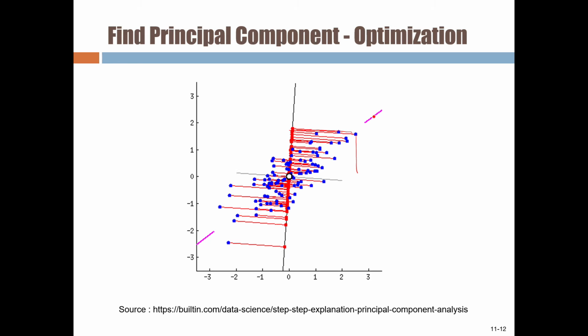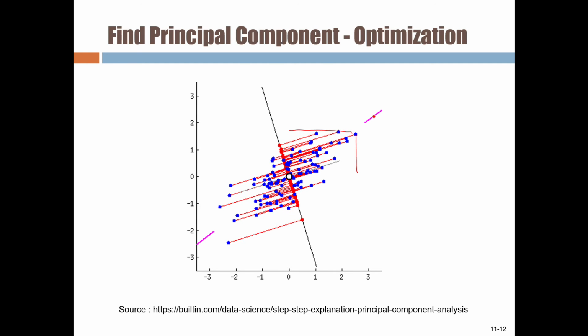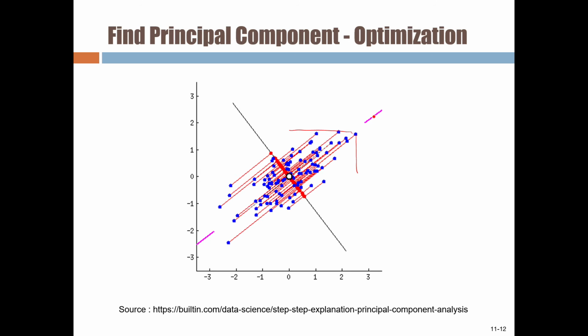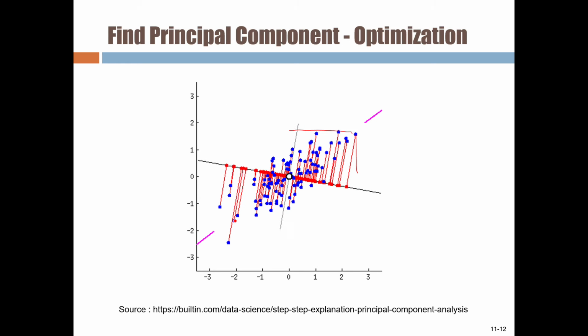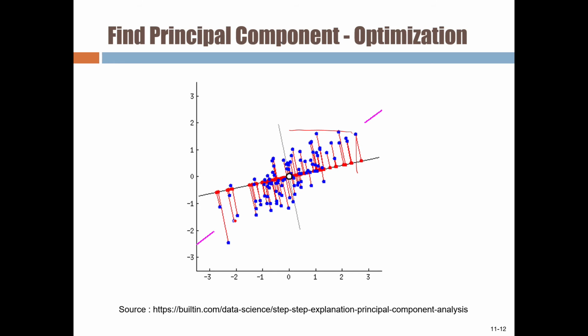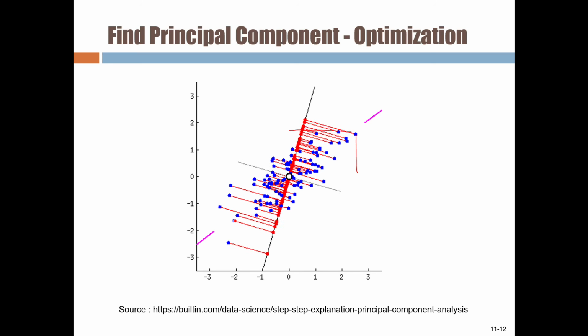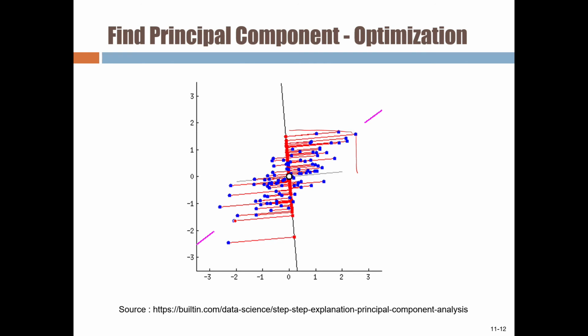So we just keep rotating, and find the summation of all the distances or the squares, and we find the line that has the smallest distance to the axis. Then we have found the PCA.